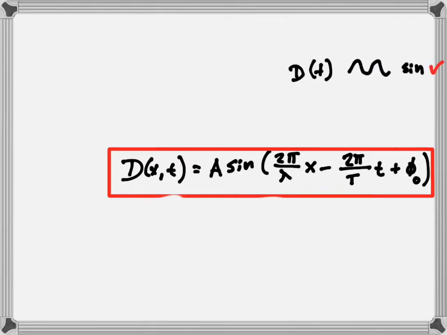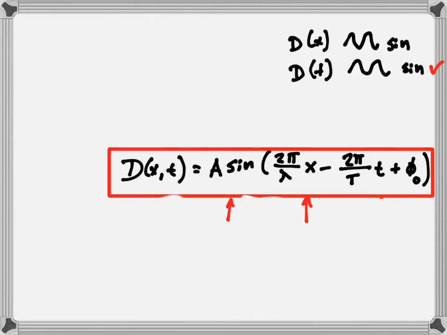But notice that this function satisfies the fact that the displacement as a function of time is a sinusoidal function, which we said is how a harmonic oscillator moves. So this is satisfied by the function inside the red square, because as you can see, this is a sine function. If we leave x fixed, then it's a sine function that depends on time. So that would give us the profile that we said it would have.